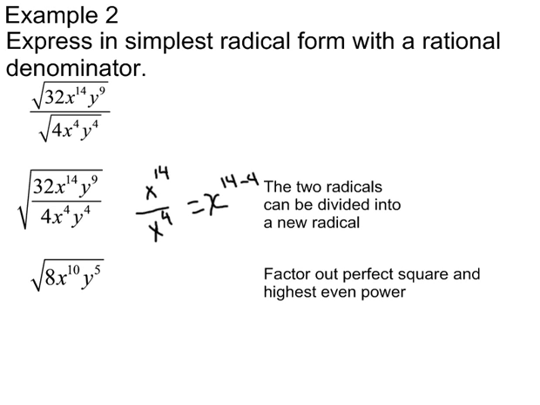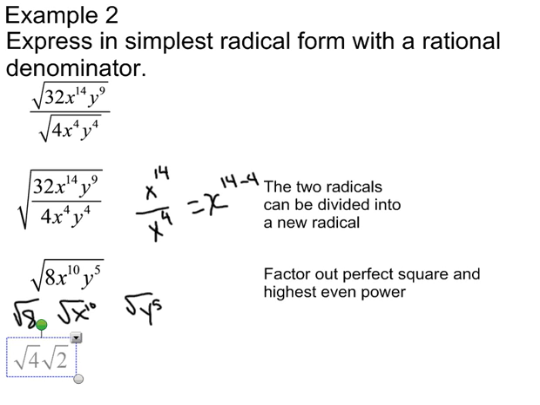So essentially, here's what we're doing. We are simplifying radical 8, we're simplifying x to the 10, and we are simplifying y to the 5th. So radical 8 could be rewritten as radical 4 times radical 2. Right?